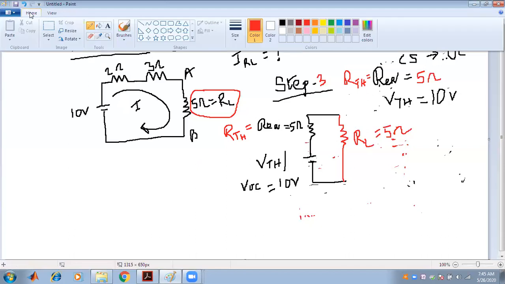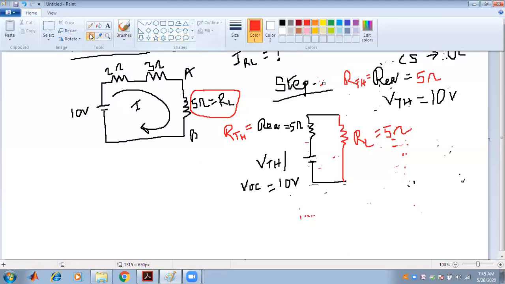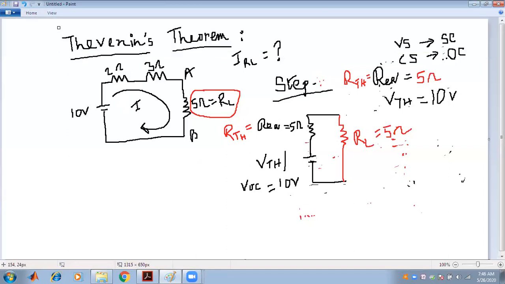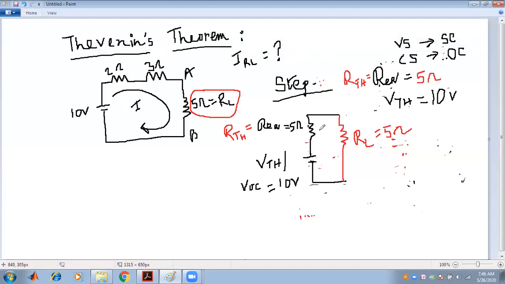So now we are approaching step number 4. Step number 4 is to find the current through the circuit, or current through the RL. I of RL means current through the 5 ohm resistance. So what is I of RL?